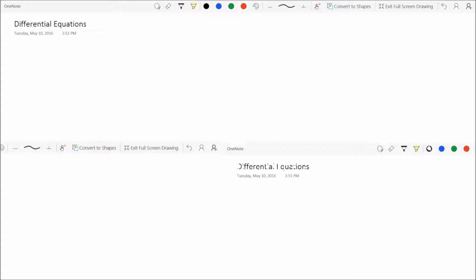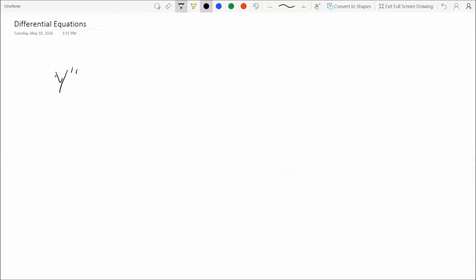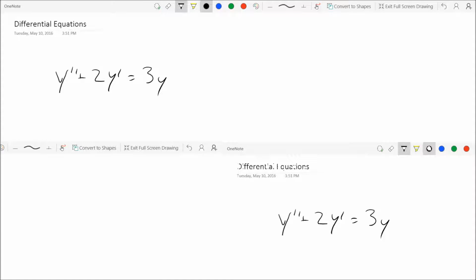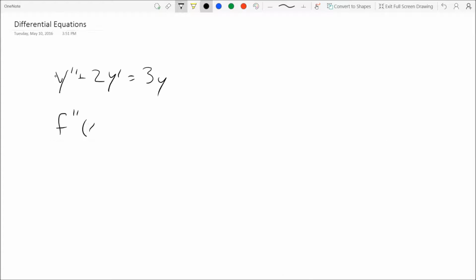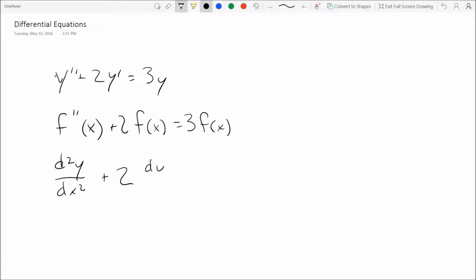All right, let's try a little bit more complex differential equation. And let's just go over a little bit of notation again. This is the same as saying, and so these all mean the same thing, same notation as from the last lecture.